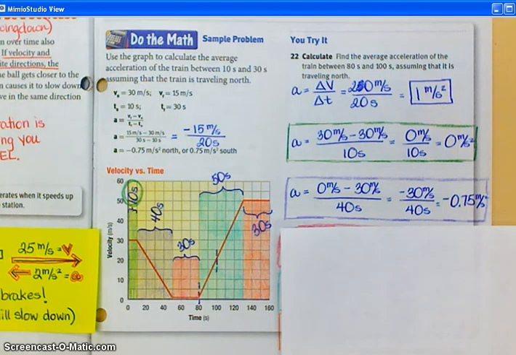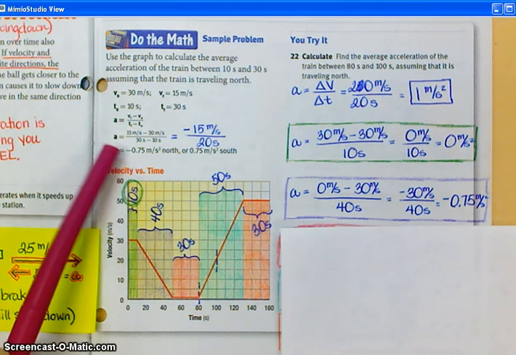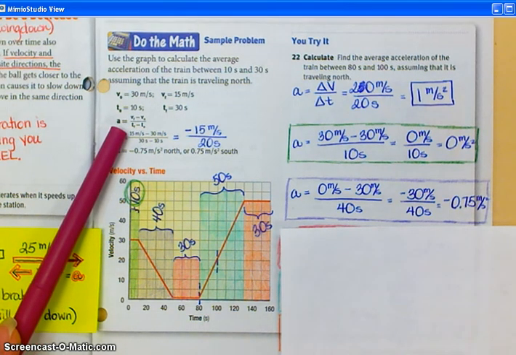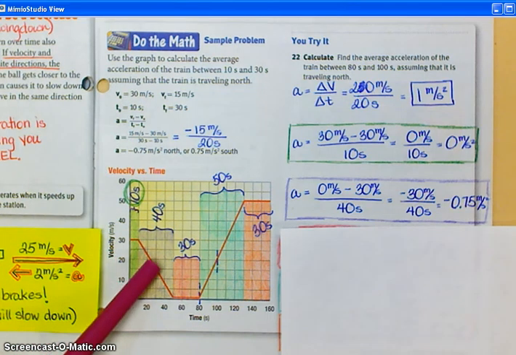So 0 minus 30 divided by the 40 seconds that it occurs in, and I get negative 0.75 meters per second squared, which should make sense because up here you were being asked to find the average acceleration between 10 and 30 seconds, which is in this part of the graph. So the value was the same.